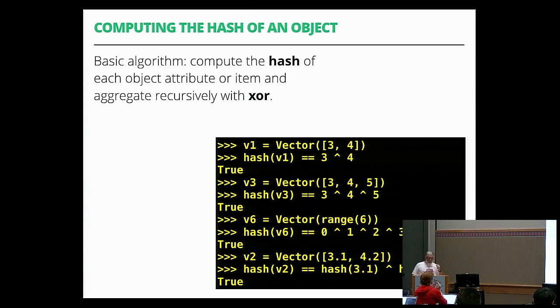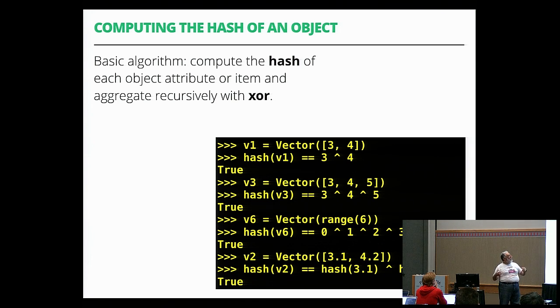So the basic algorithm to compute the hash of an object is to compute the hash of each of its attributes and then aggregate those hashes in some way. And usually the way to do it is using the XOR operation, the bitwise XOR, because hashes are integers, so you can XOR them together.